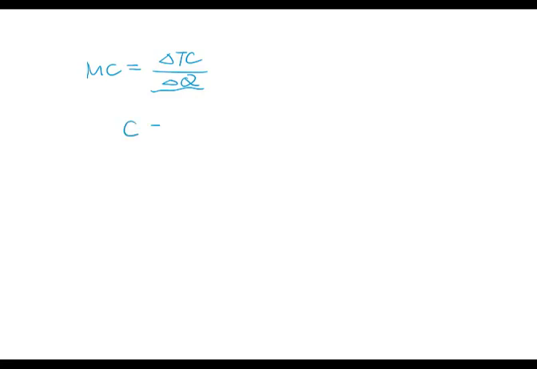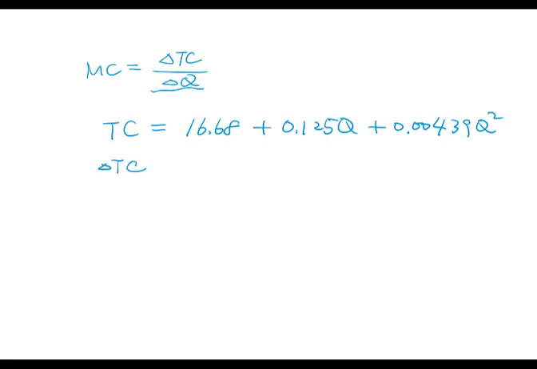The total cost, written as C, is given as 16.68 plus 0.125 Q plus 0.00439 Q squared. When you want the change in total cost divided by delta Q, delta Q will appear here and here as you are changing Q. Knowing that the constant term will be 0 when you apply the delta operation, you can divide both sides by delta Q without going through all the intermediate steps.